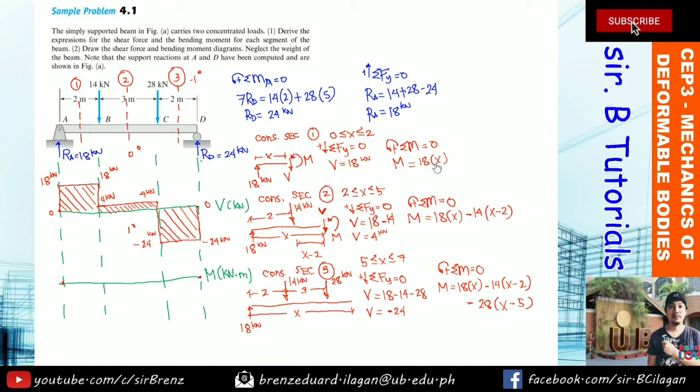So, at a distance of 0, so ito, 18 times 0, so that is equals to 0. Which is correct. Kasi nga, sabi ko sa inyo, kapag support, 0 moment yan. Okay, next. So, ito, pwede mong palitan ng 1. Pero, for example, i-require sa'yo sa problem, what is the moment at a distance 1 meter away from the beam? So, isasaksak mo lang yun dito yung value.